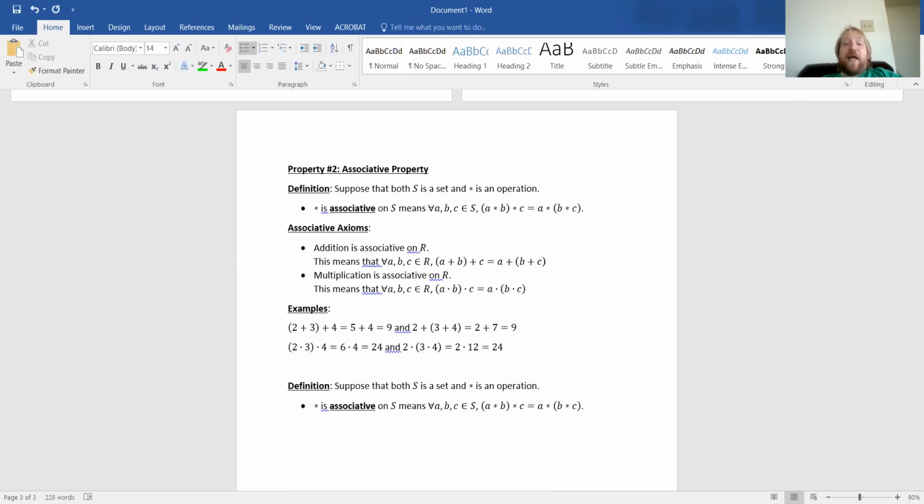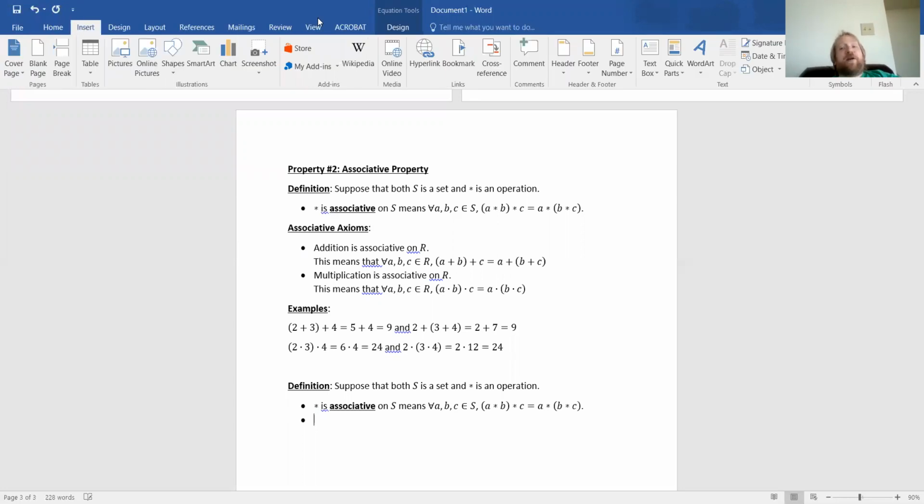Remember, when we negate, we have to change the for all quantifier to a there exists quantifier, and we have to negate the predicate. So we have to change the equals to a not equals.